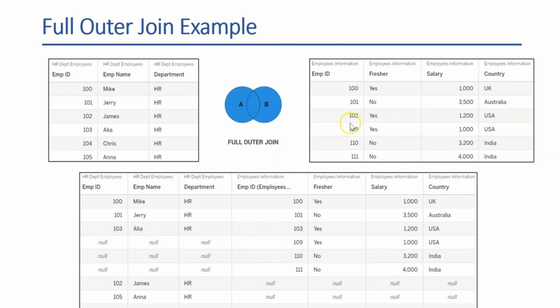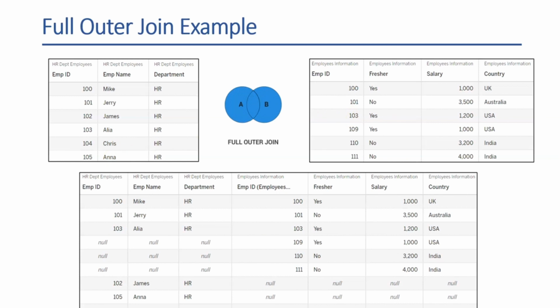For example, for 109 till 111, we don't have any record in table A, so it inserts null here. Same thing, that is the right outer join. Similarly, for 102, 105 and also for 104, you don't have the record on the right table, that is your left join. So full outer join is the combination of your left join as well as the right join.